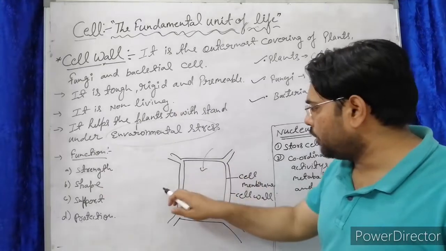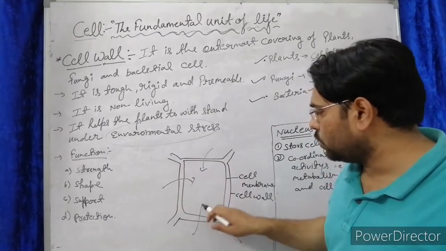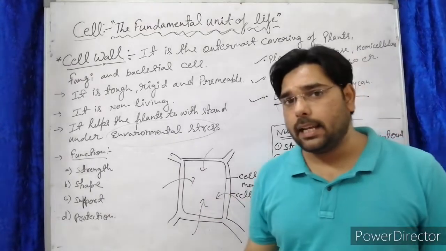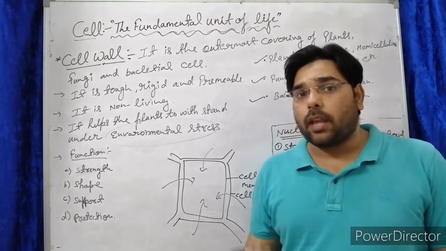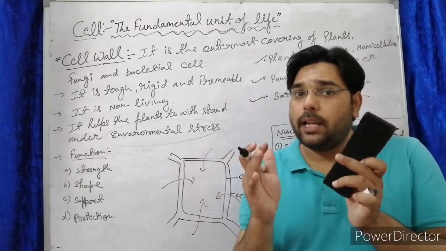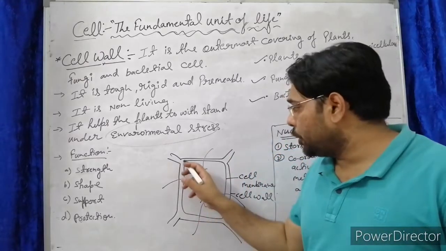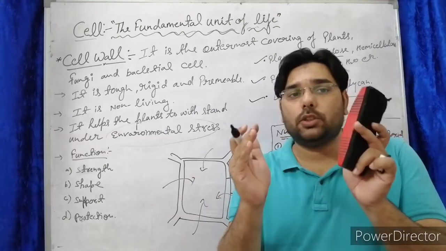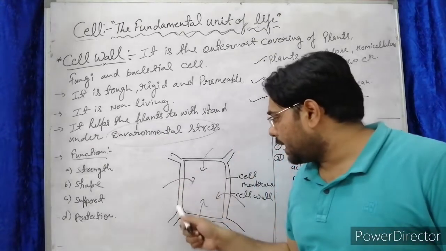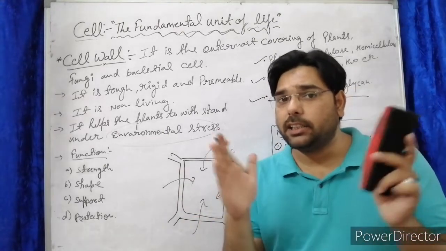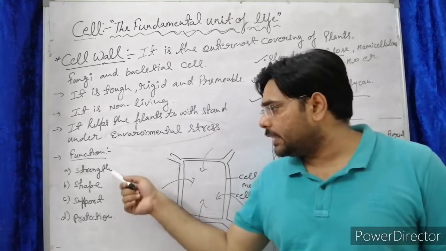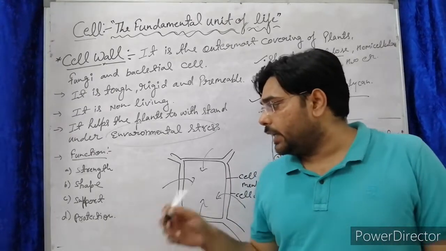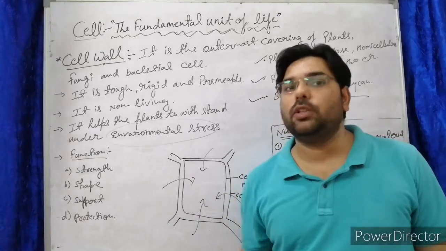Naturally the water from the solution, where its concentration is higher, goes into the cell, and the cell would ultimately swell. But in a plant cell, due to the cell wall, the cell does not swell, because it is a rigid, tough covering which provides support, maintains the shape of the cell, and gives protection and strength to the cell.